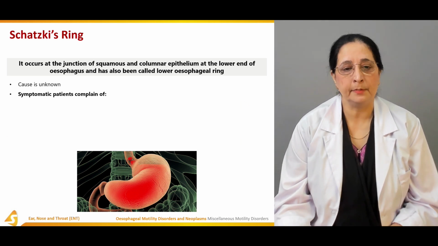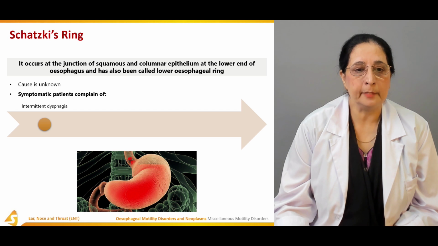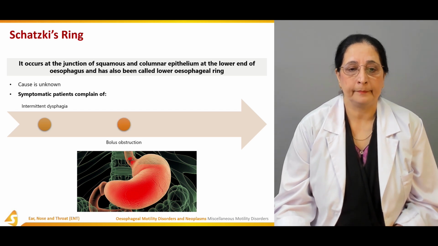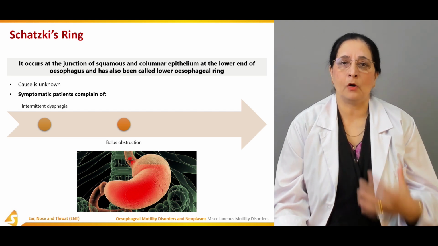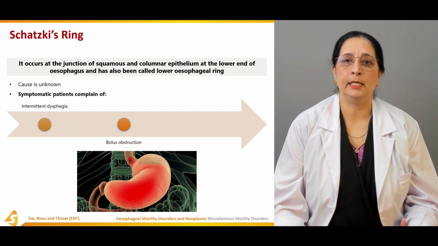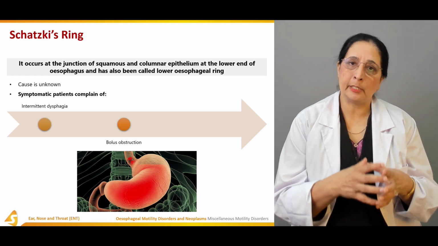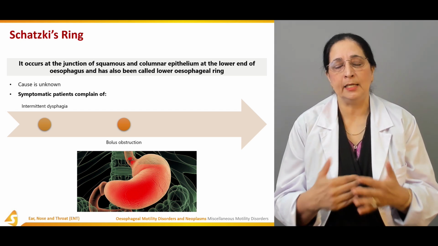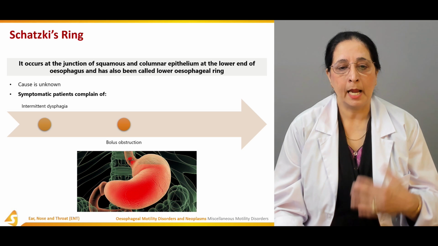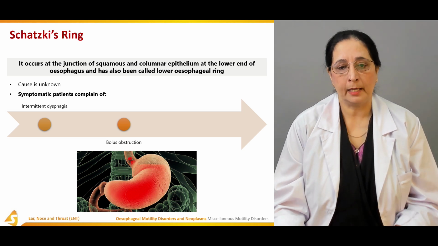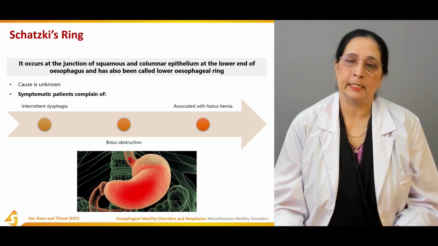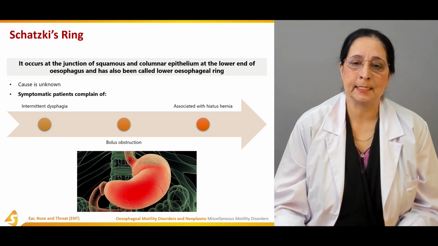So the symptoms will be intermittent dysphagia and bolus obstruction. It can cause difficulty in swallowing, it's intermittent, sometimes relieved, sometimes present. Obstruction of the food can occur, and it is associated with hiatus hernia.